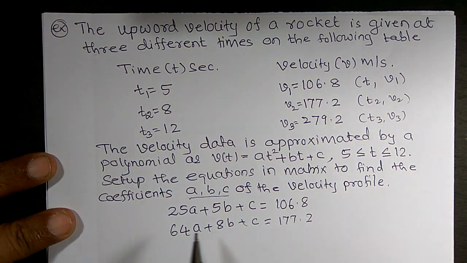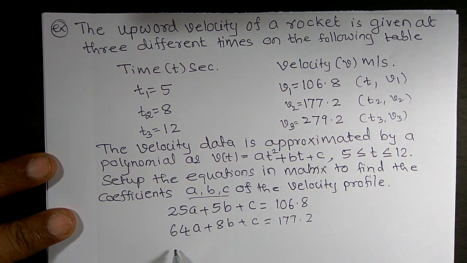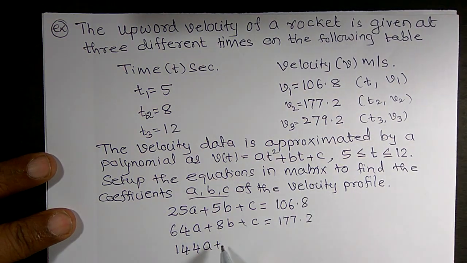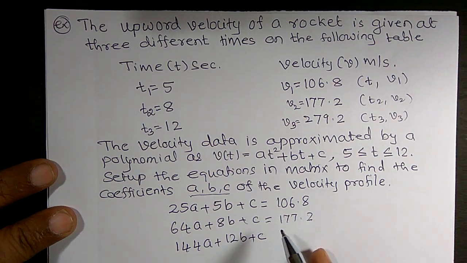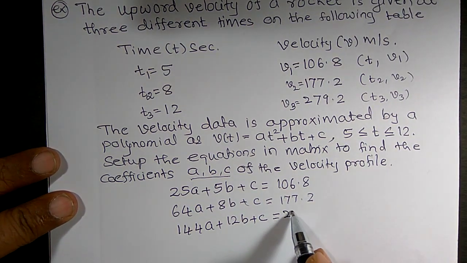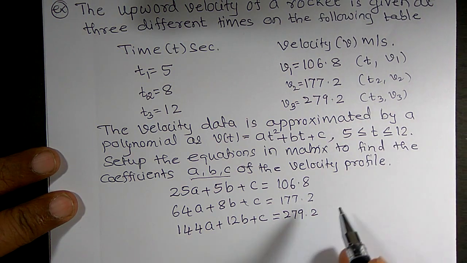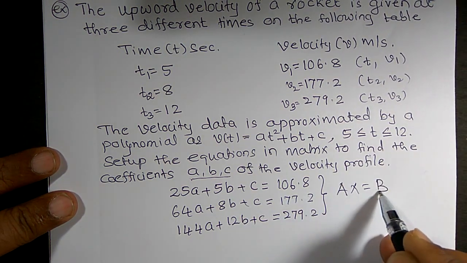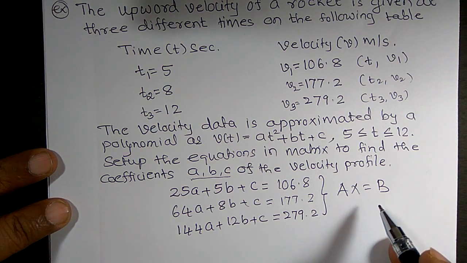And t3 is equal to 12. 12 square a, 12 square means 144a plus 12 into b plus c is equal to 279.2. So it means they have given a matrix equation Ax equal to b.